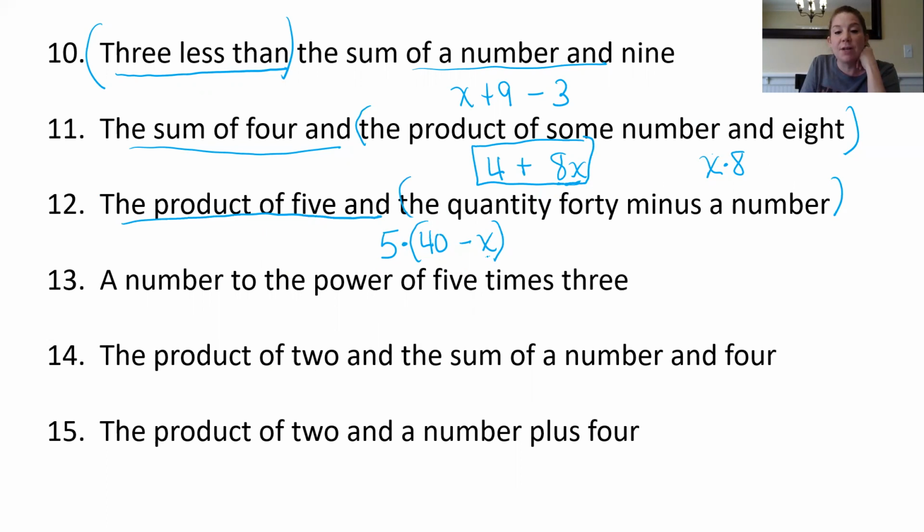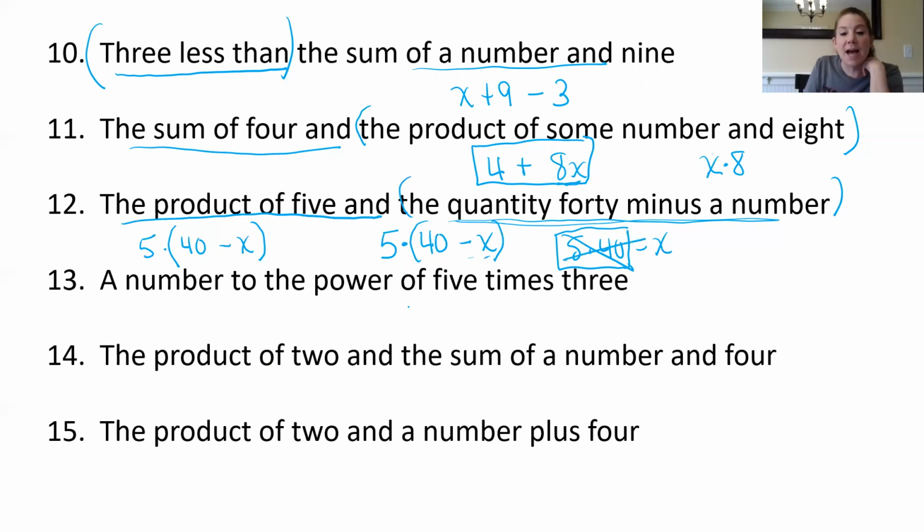Now, when we start using variables, you stop using x's to represent multiplication because that's confusing. But guys, you have to have parentheses here. If you write it like 5 times 40 minus x, you must have parentheses to keep this part together, because this is the quantity of 40 minus a number. And if you just write 40 times x minus x, order of operation makes you do this part first, which is not what number 12 says. So this isn't right. These other two are correct.